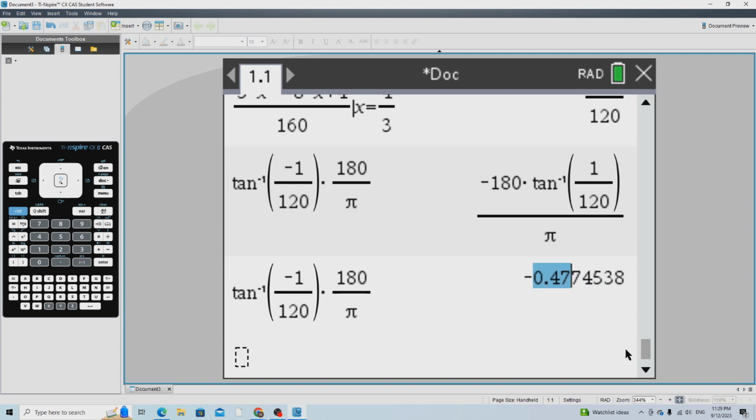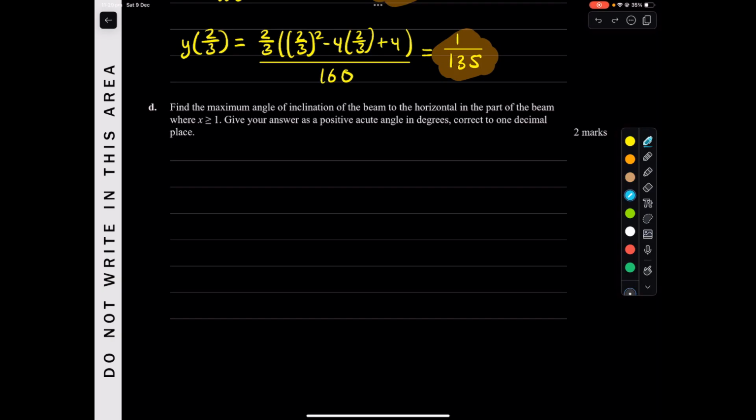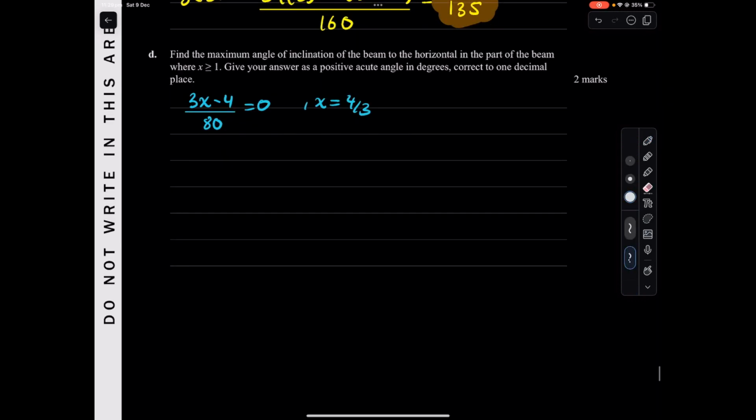So let's write all the things that we've done. So what we did was 3x minus 4 over 80. We let it equal to 0. Hence we got x equals 4/3. And I just said that dy/dx, given that x is 4/3, should give us negative 1/20.